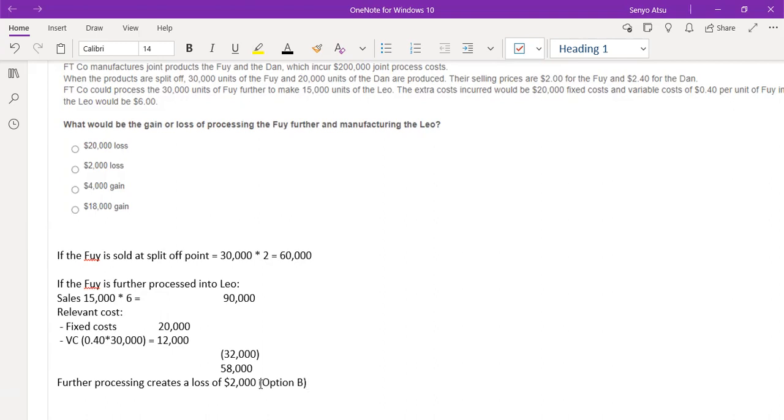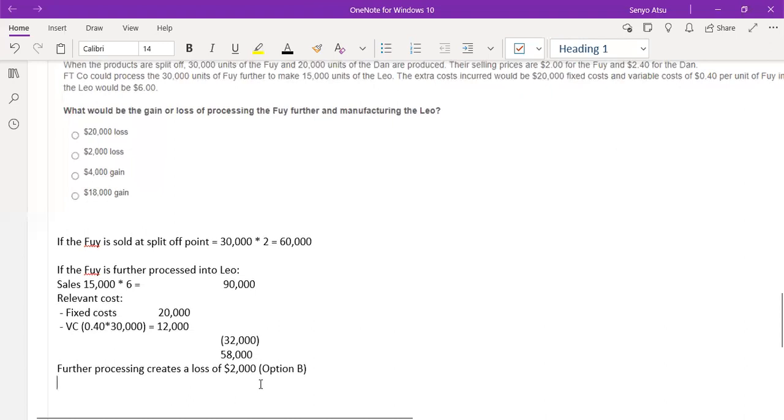For example, a section C question, assess the performance of something, or assess whether it is relevant to describe the centers as investment centers, the question we saw last night. You can spend all that time to do some assessment there. All right. So answer option B.